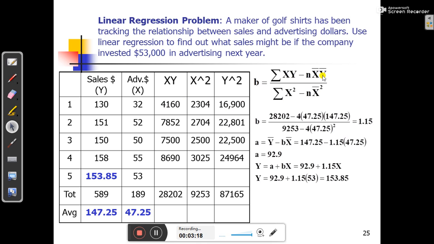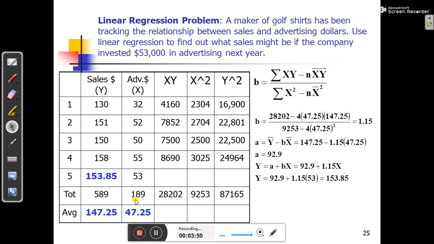then minus n. Here you can see the average of x is 47.25, n is 4, the number of samples, the average of y is 147.25, and the summation of xy is 28202, divided by the summation of x square.